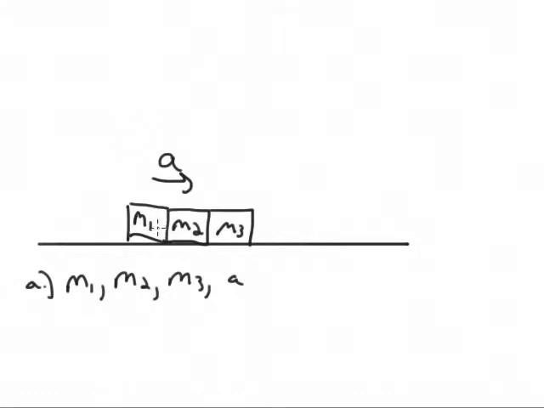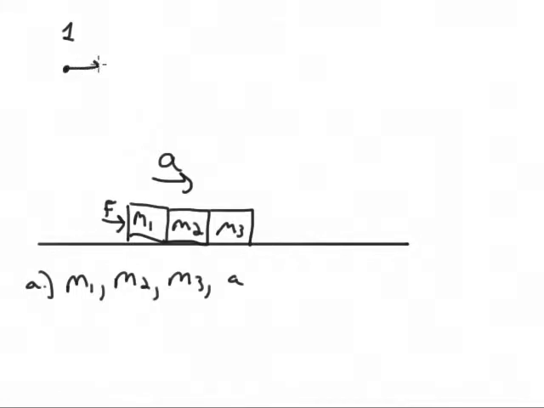So for these masses to be accelerating to the right, there needs to be a force applied somewhere. Let's say that it is on the left mass. So there's going to be some force, capital F there. For mass 1, we'll treat it as a point mass.